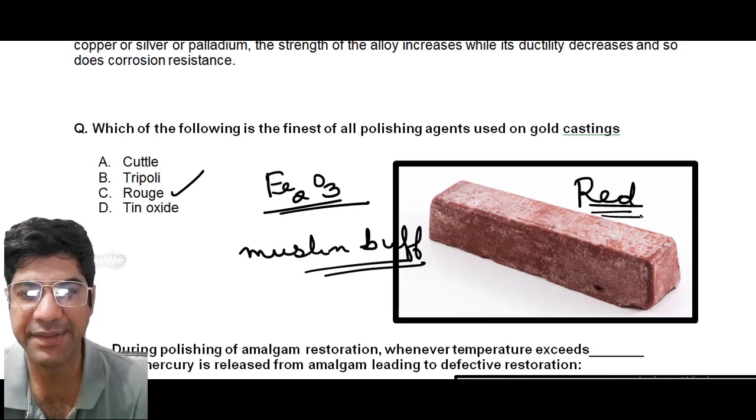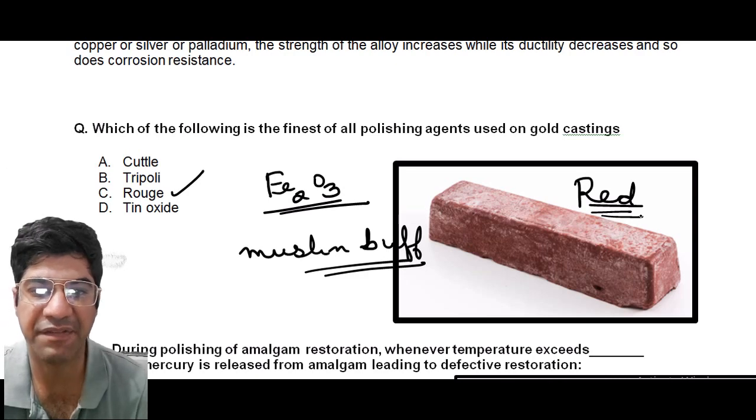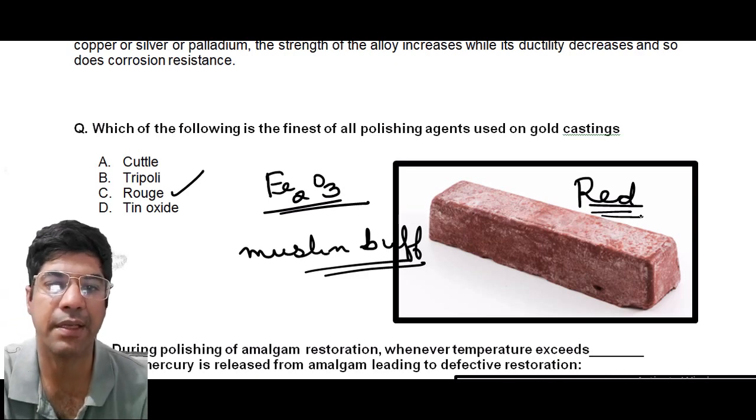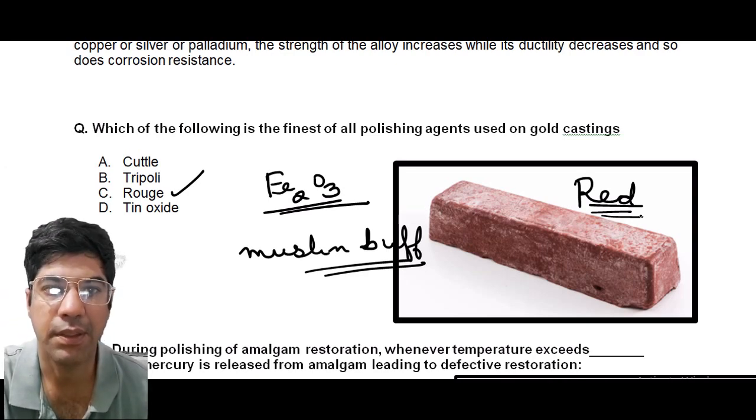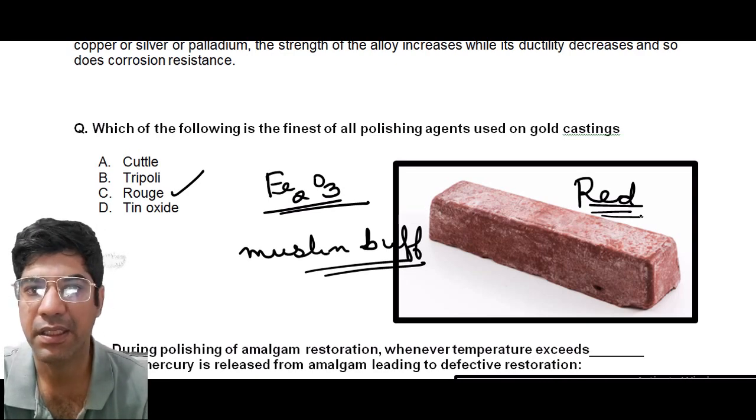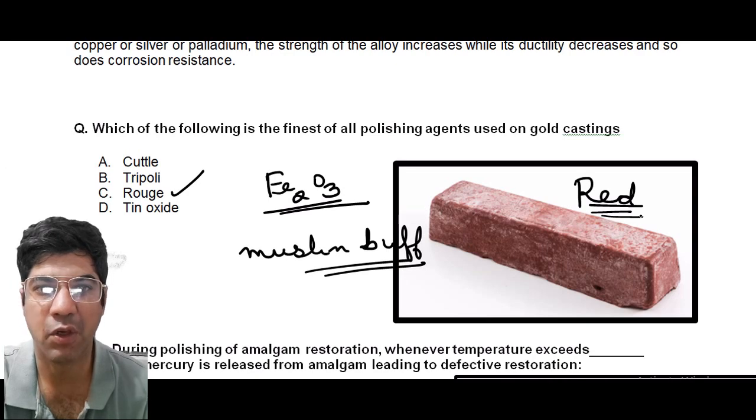It is mildly abrasive, that means it can remove very small imperfections and scratches on the surface of gold without damaging the underlying metal. It has a high shine, so it will produce a smooth shiny surface on the gold casting.